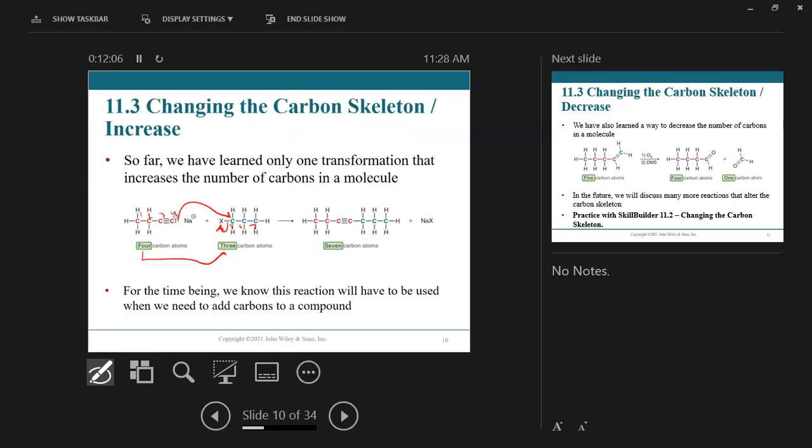You can see that right there. So what does that kind of remind you of? That's SN2, right? Substitution nucleophilic bimolecular.